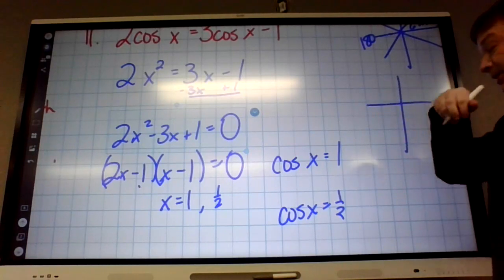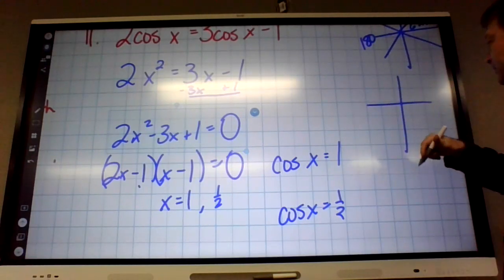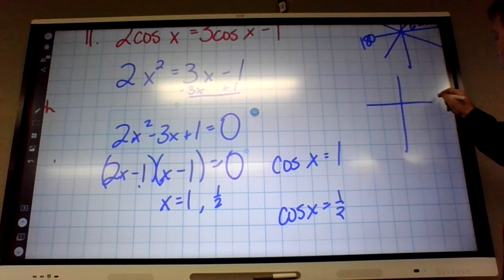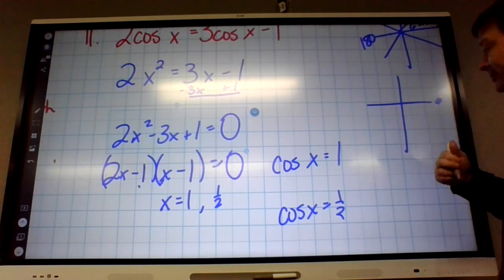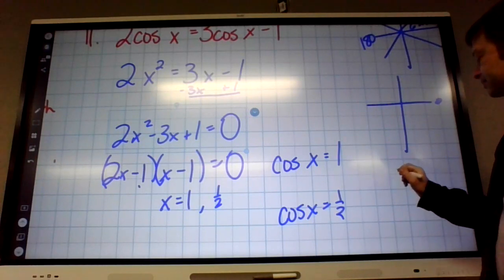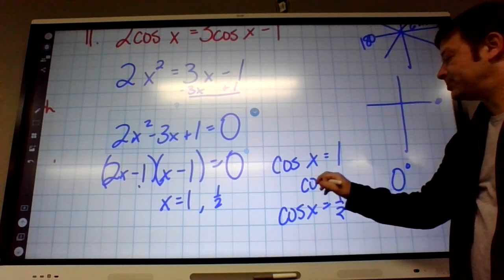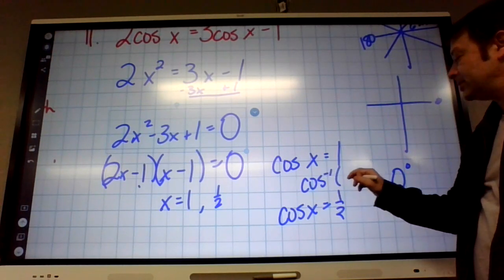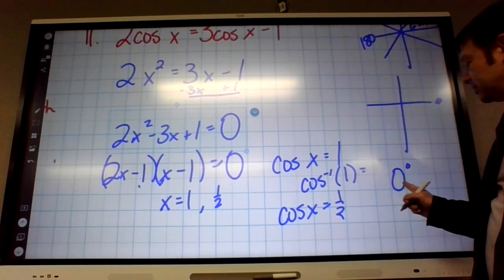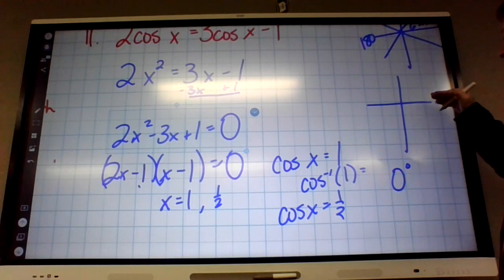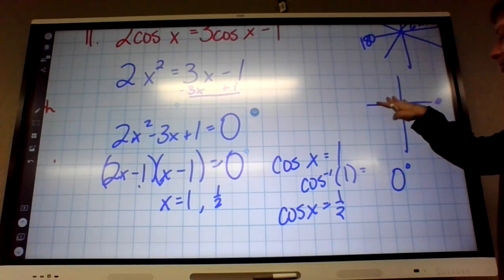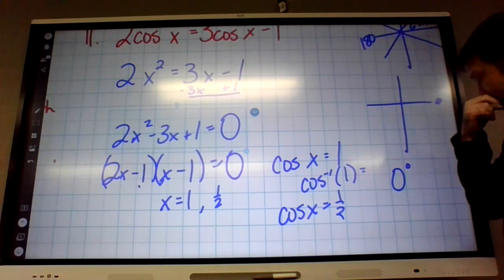If you plug in cosine inverse of 1, cosine equals 1 over here, so it'd be 0 degrees. It should spit out 0. If 0 is your reference angle, it's not going to be 180 or anything. There's nothing else.